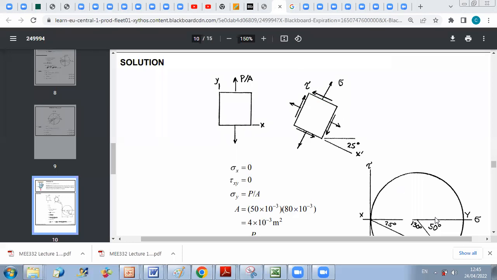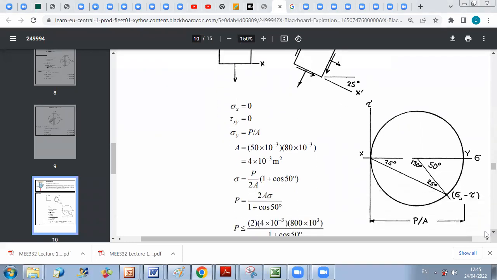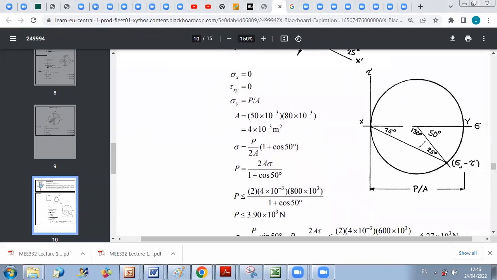So this point represents sigma y prime and tau x prime y prime, which is negative, equal to minus tau. And sigma y prime is positive, since when you do the projection it is on the right side of the origin, so you have tension on this face.